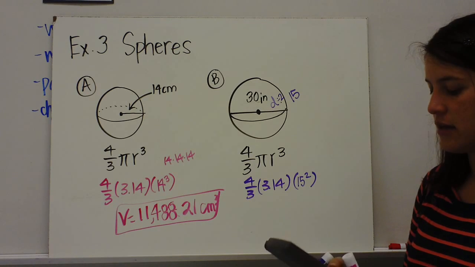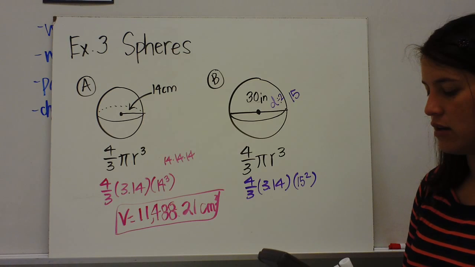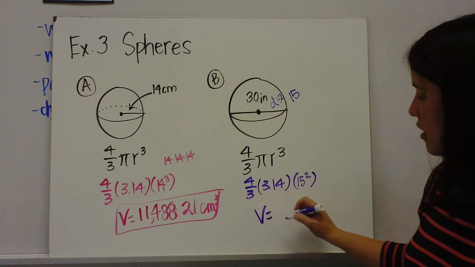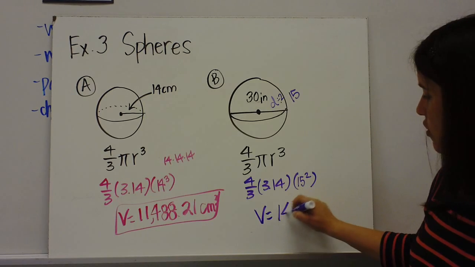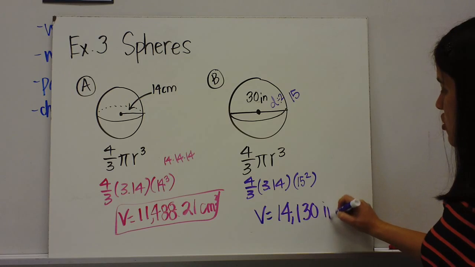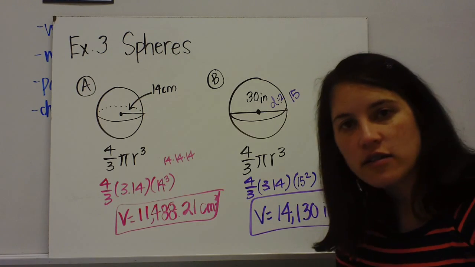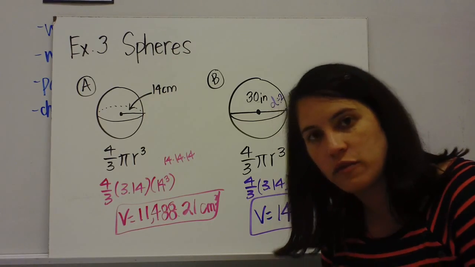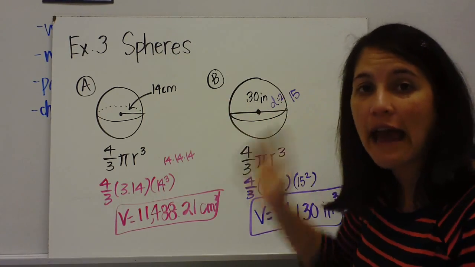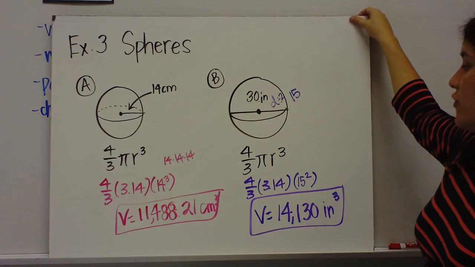And I think I typed something wrong, so let me double check. Okay. The volume is 14,130 inches cubed. And again, I took my diameter and I broke it in half. I divided it by 2 to get a radius of 15.